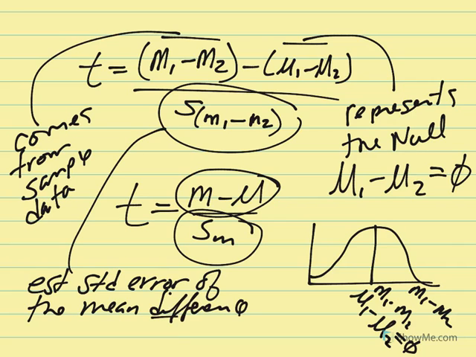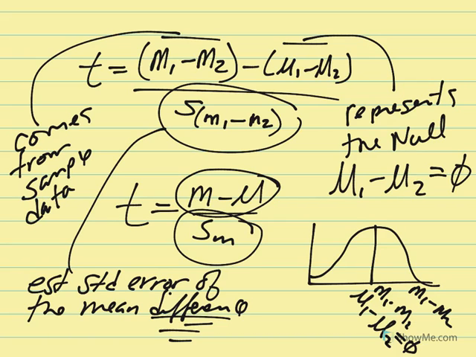So the key word in this chapter is the difference, because we're looking at one minus the other. When we talk about the standard error back in chapter 8, it was the average difference between the sample mean, M, and mu. In chapter 9 it was the estimated standard error, which represented the estimated difference between M and mu again.